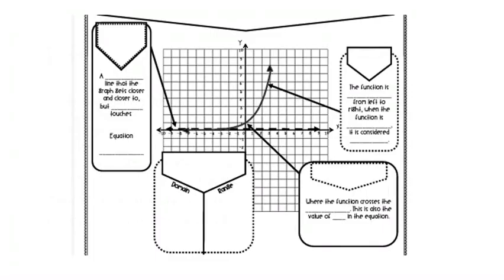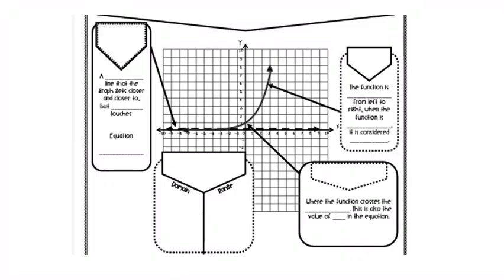Your teacher gave you a worksheet, and at the top of that worksheet it says key features of exponential functions. So we're going to talk about where this arrow is pointing, key features of this graph. What this arrow is pointing to is a dotted line.